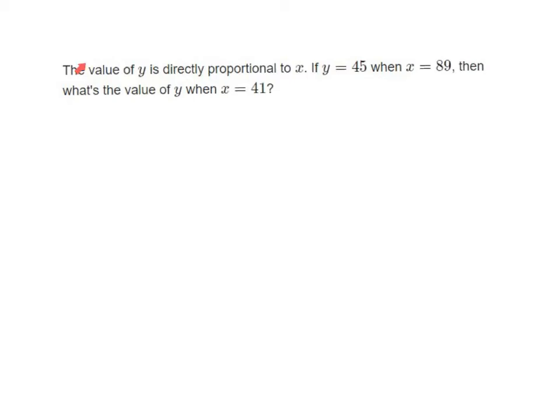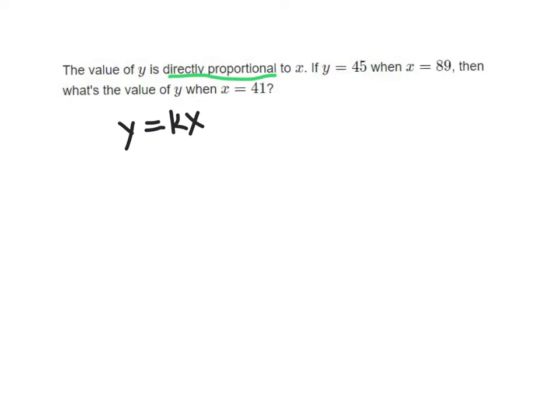All right, let's take a look at this one. The value of y is directly proportional to x. If y equals 45 when x equals 89, then what's the value of y when x equals 41? So remember, when we talk about directly proportional or direct variation, we have the equation y equals kx.